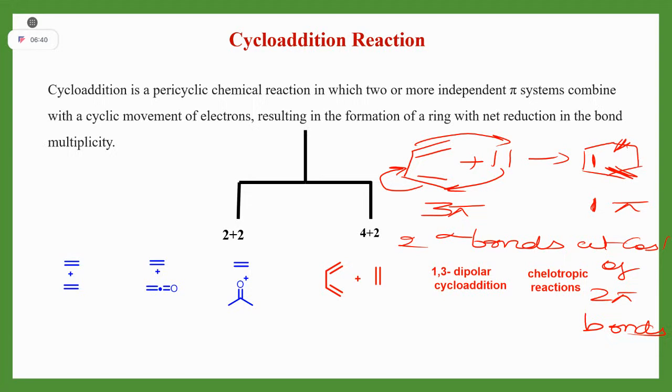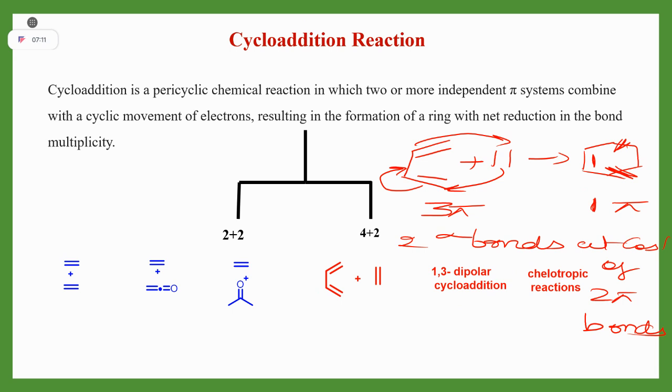So, in conclusion, there can be different types of cycloaddition reaction, depending on the components. There can be 6 plus 4, 2 plus 2, 4 plus 2. In 2 plus 2, there can be cycloaddition between two olefins, or one olefin and one ketene, and another is the famous Paterno-Buchi type reaction, in which one cycloaddition partner is a ketone and the other is an olefin.